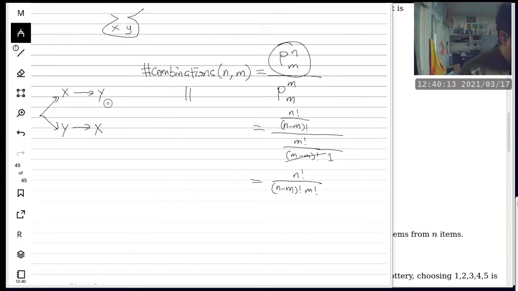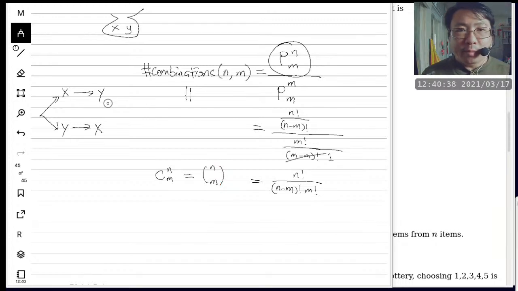number of combinations, there are several ways to write it. One way is to use the C notation instead of the P. Okay, so we can use C superscript n subscript m to represent n choose m. And there's another way to write this, which is n m in a pair of parentheses, and nothing is supposed to be in between n and m.